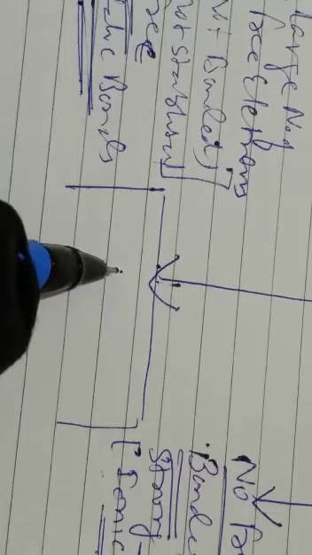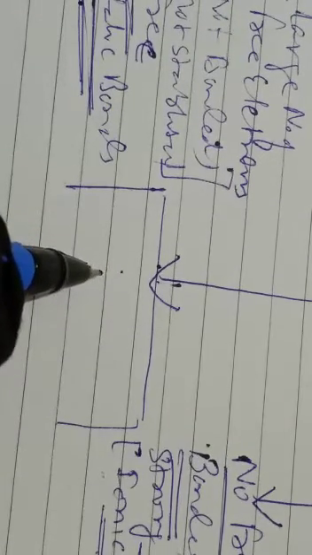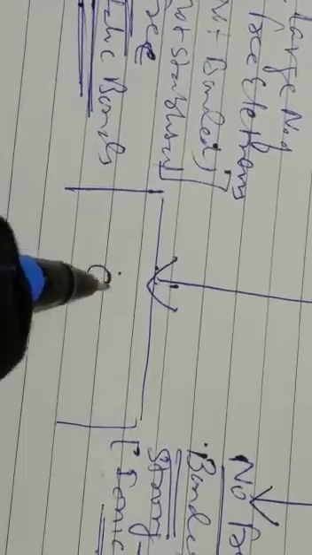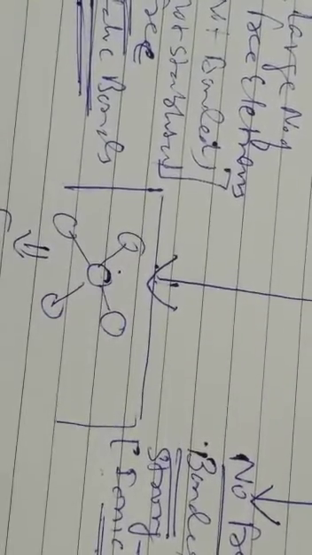Now the most important part is semiconductor. In semiconductor material, different atoms are bonded by covalent bonds. For example, silicon has 4 electrons in its outermost shell.